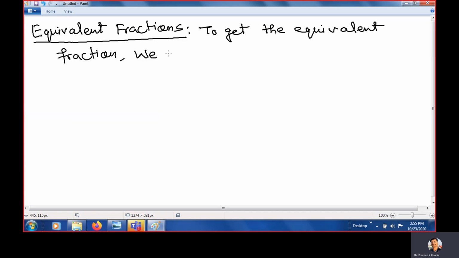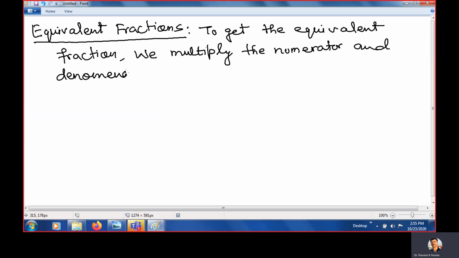we multiply the numerator and denominator by 1, 2, 3, 4, 5, 6.